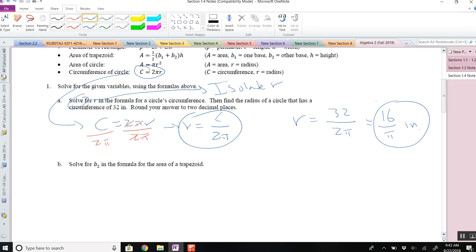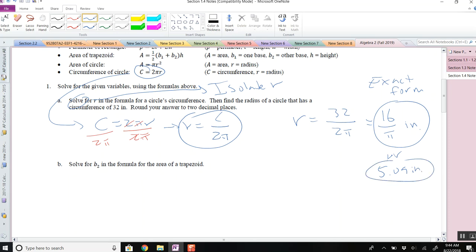It's kind of good practice just to be comfortable with the calculator. So we'll express it in exact form. This is called exact form because we're not dealing with any decimals or approximations. So that's what the radius is exactly when the circumference is 32. But if we do 16 divided by pi in the calculator, I do get 5.09 inches.